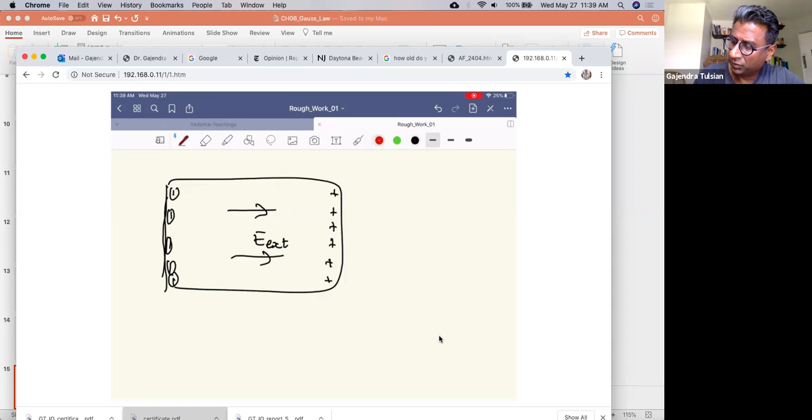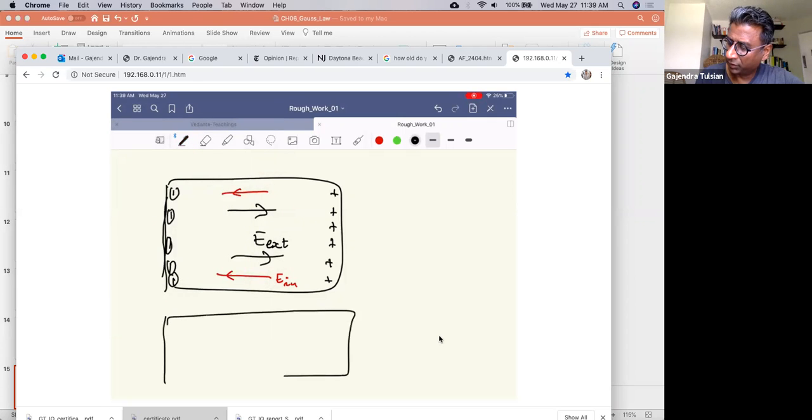And these redistributed charges will produce an induced electric field like that. And the net result is the net electric field is 0. External field plus the induced field will turn out to be 0. So inside a conductor, the electric field is always 0.